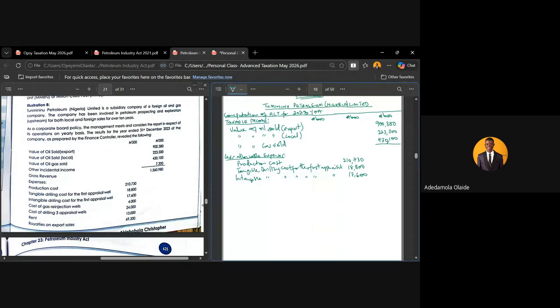Cost of gas reinjection well to be allowable. Okay, cost of drilling 3 appraisal wells. Since we have already allowed 1, it is only 1 we'll be allowing more.